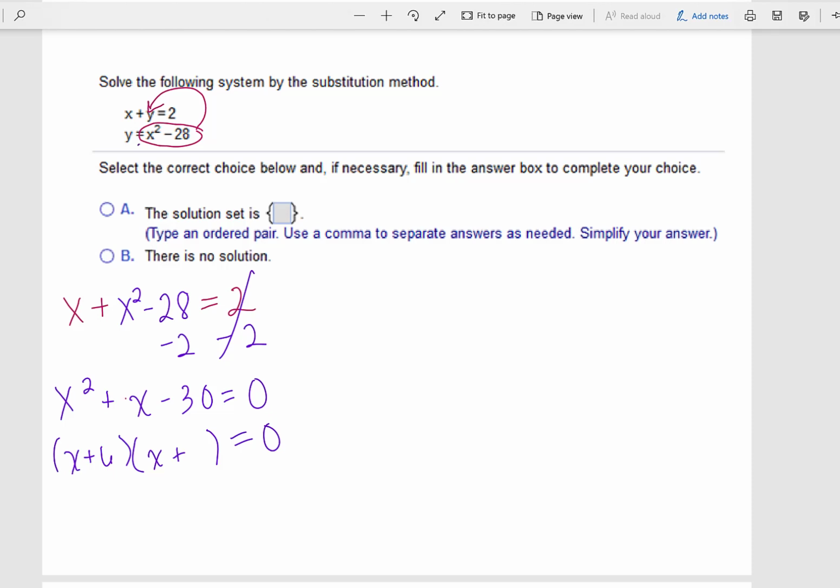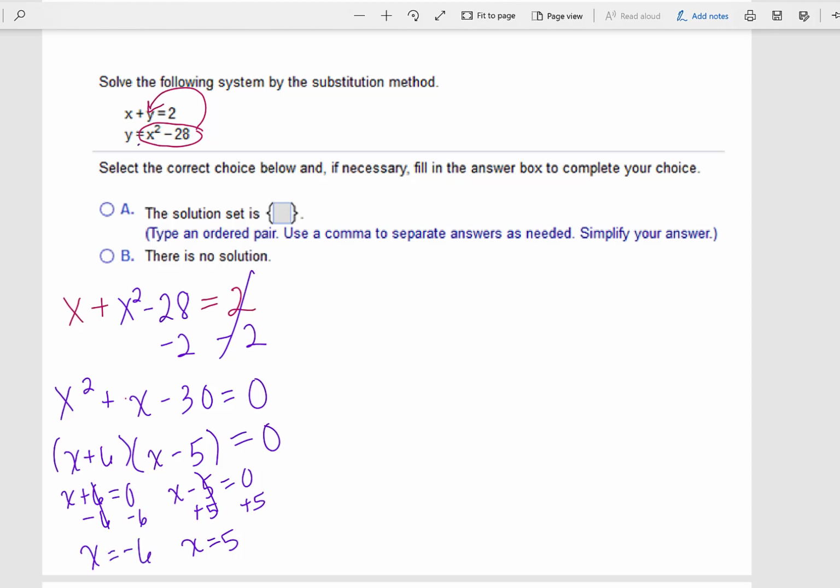That would be a minus 5 to get that negative 30. Okay, I factor it, and then I set each of these factors equal to 0. And I solve, and I get x equals positive 5 and x equals negative 6.